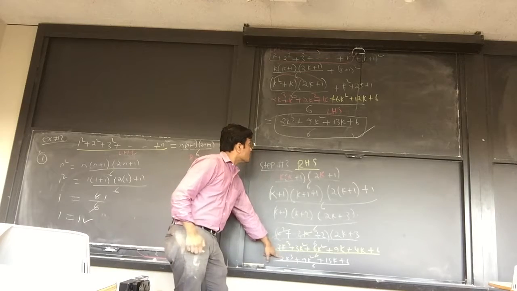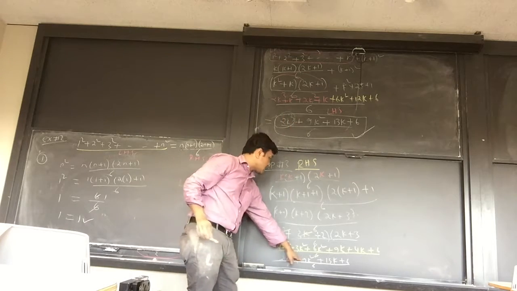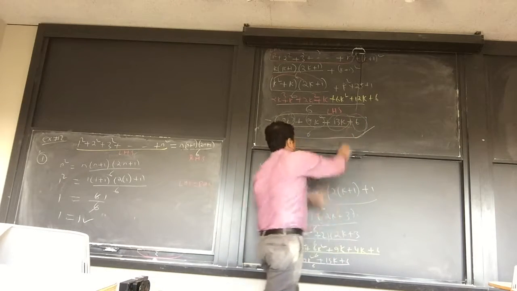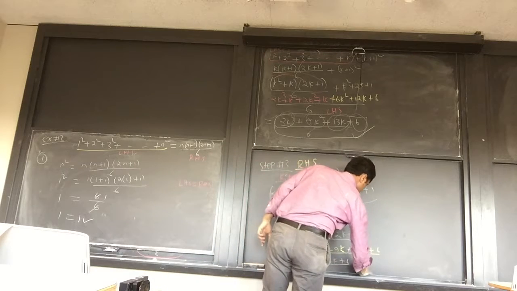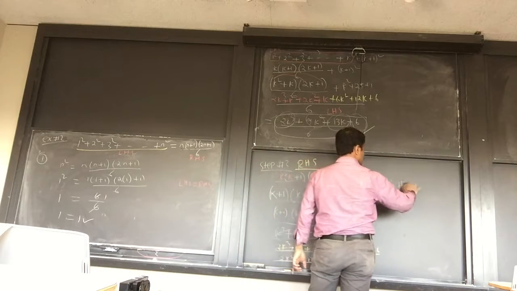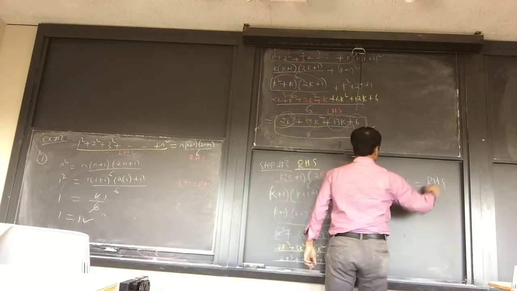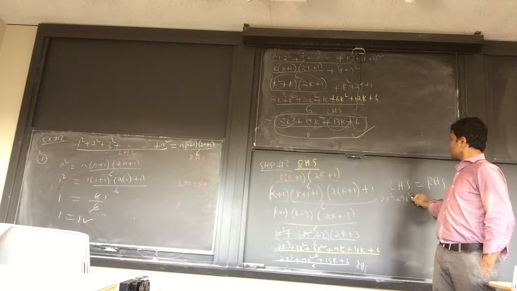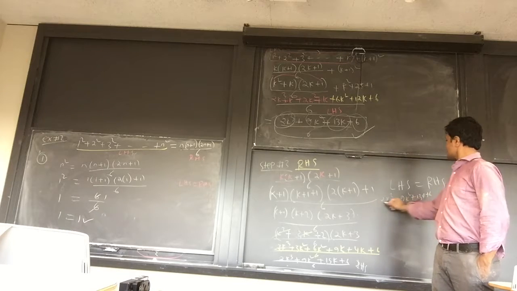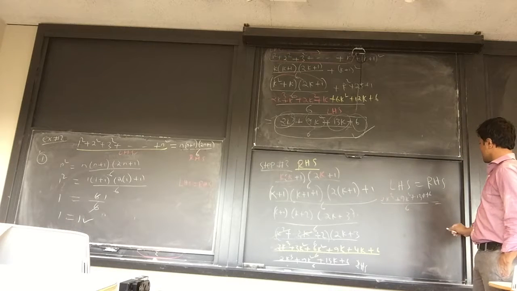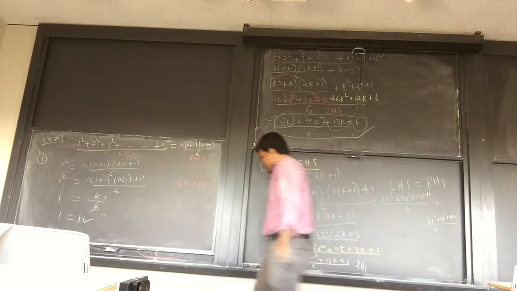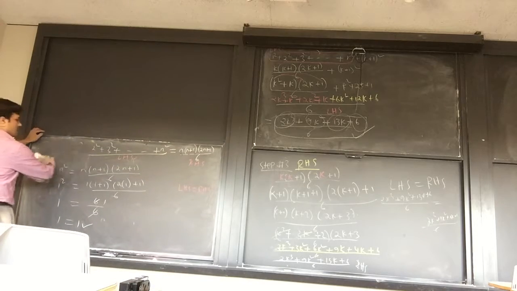Let me check. 2k cubed plus 9k squared plus 13k plus 6, all divided by 6. So we claim that the left hand side is equal to the right hand side because the left hand side is 2k cubed plus 9k squared plus 13k plus 6 divided by 6, which is equal to the right hand side, 2k cubed plus 9k squared plus 13k plus 6, all divided by 6. Now we're going to do more examples. Example number 3.